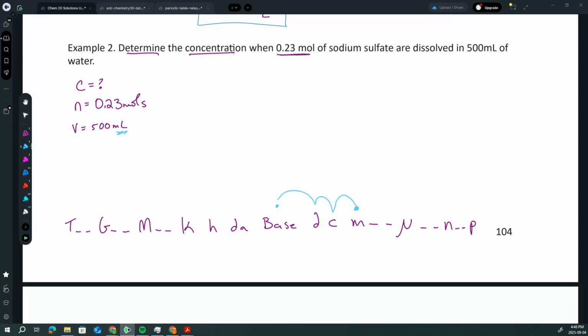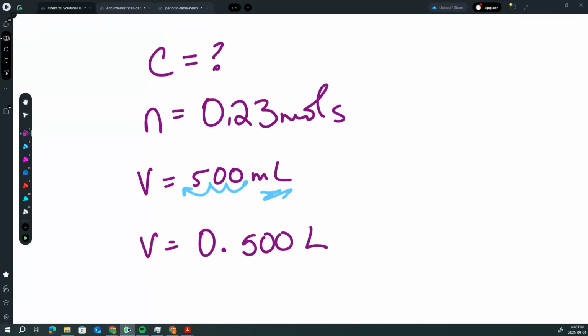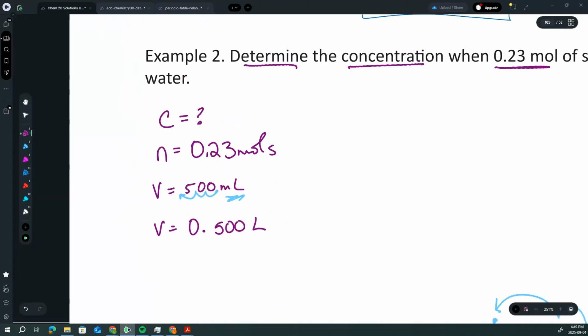So 1, 2, 3 to the left. What that means is we're going to take the decimal in this number and move it 3 to the left. Whenever a decimal isn't explicitly written in a number, that means it's right at the very end here. So 1, 2, 3 to the left, and I'm going to write this a bit neater here, so 0.500, and now we're in liters.